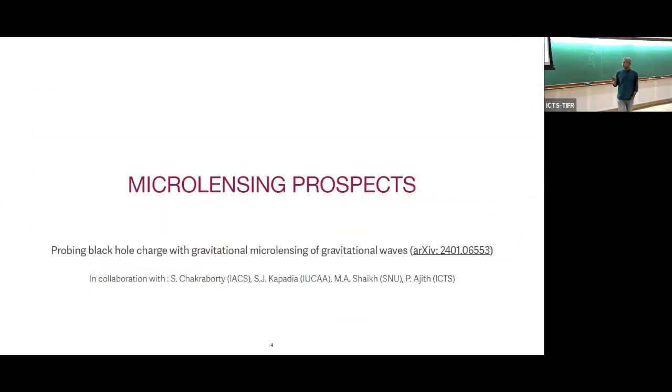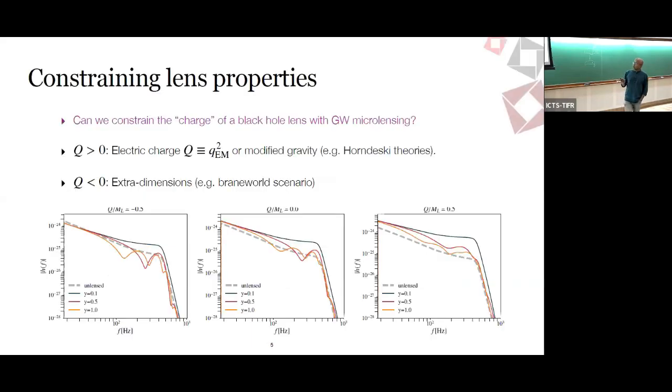So the first part of the talk will be about the prospects of microlensing, and this is based on our recent work with Sumanto, Shashwat, Arif, and Ajit. So what we try to ask is, can we constrain the parameters of the lens? In this particular case, we are introducing a charge in the lens.